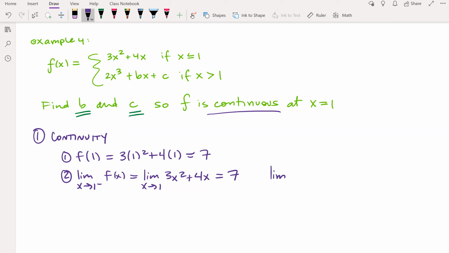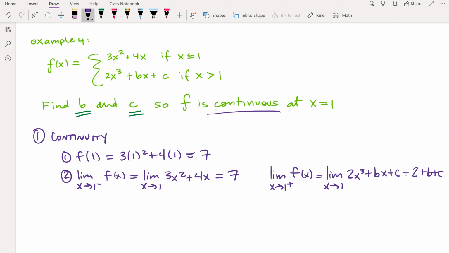Now we need to find the limit as x approaches 1 from the right of f of x, which equals the limit as x approaches 1 of 2x cubed plus bx plus c. We're plugging 1 into x, so it equals 2 plus b plus c.